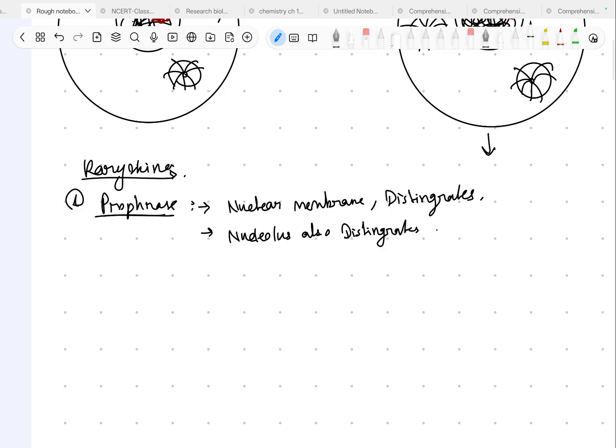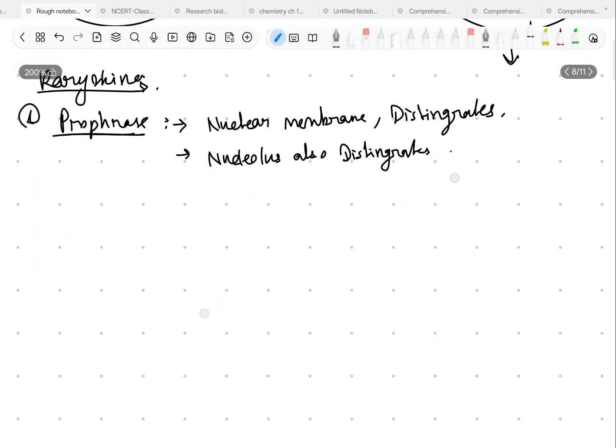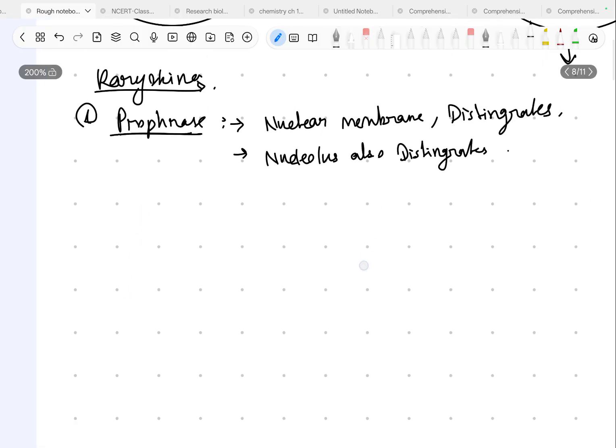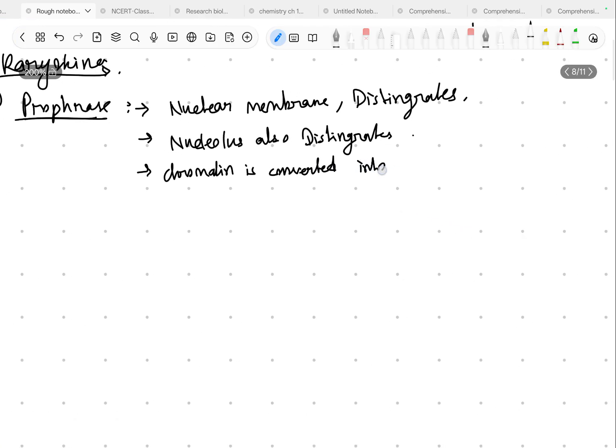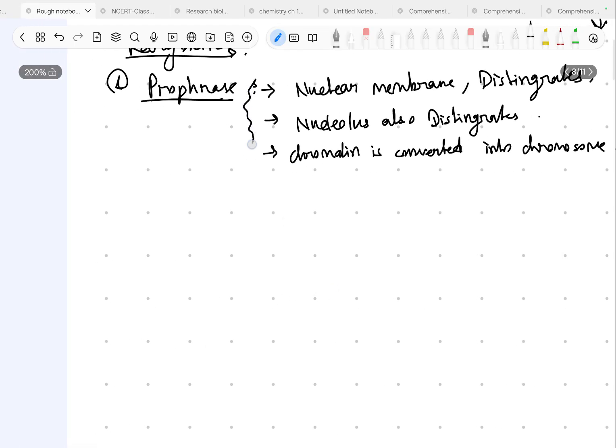And the most important thing is that the chromatin is converted into chromosome. Okay, these are the things that occur in the prophase.